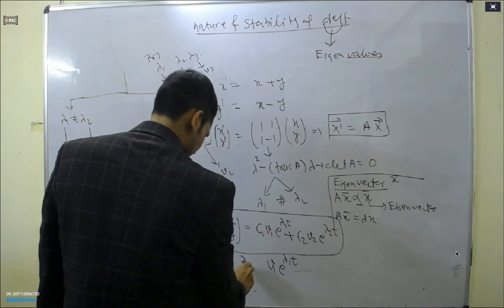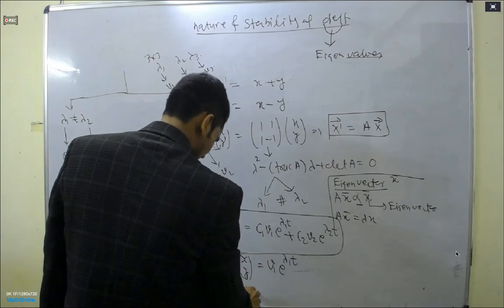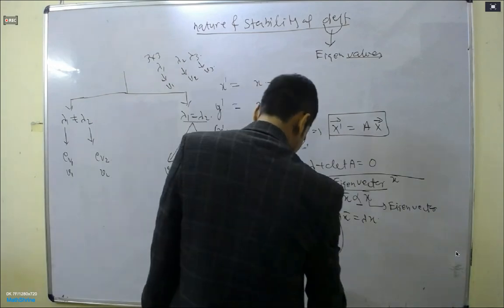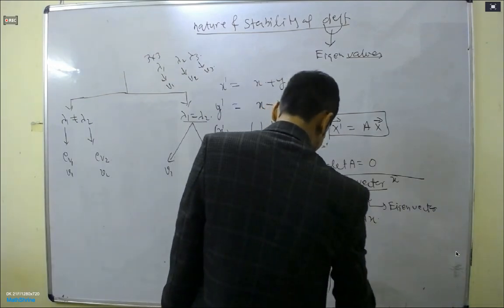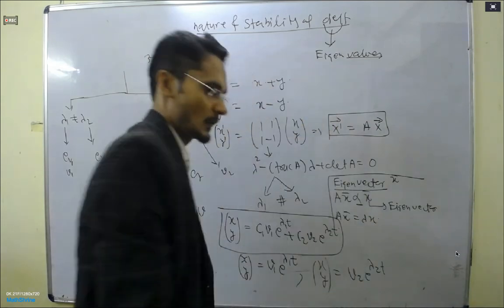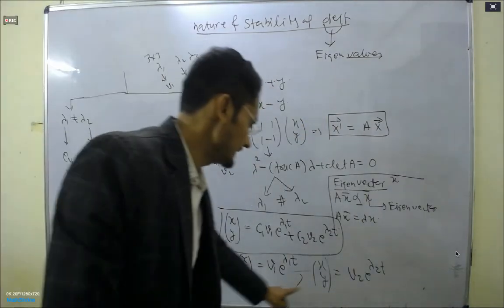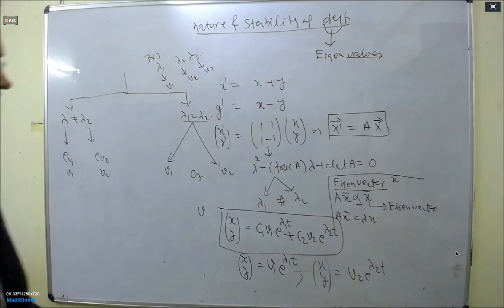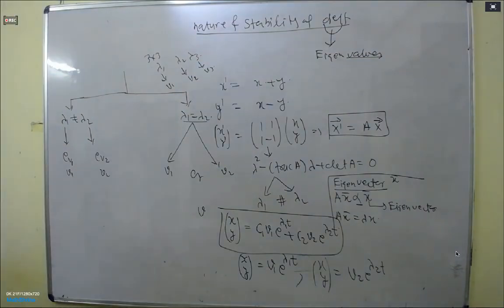Okay. But this is the case when lambda 1 and lambda 2 are different, right? What will be the answer if lambda 1 is equal to lambda 2 and both are same, but it has two eigenvectors v1 and v2 as well?